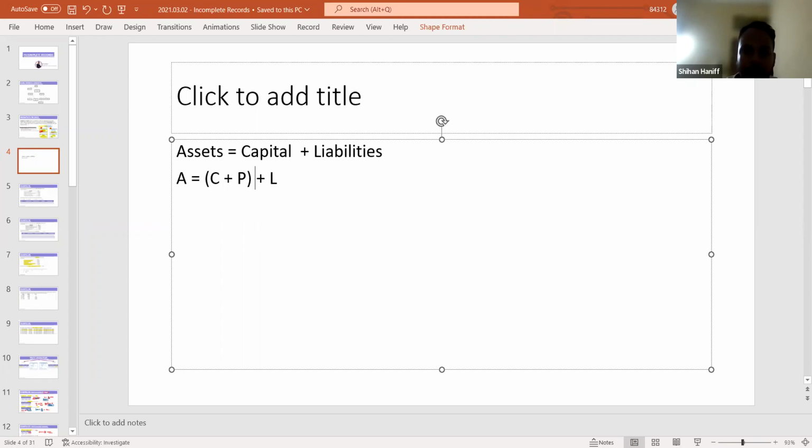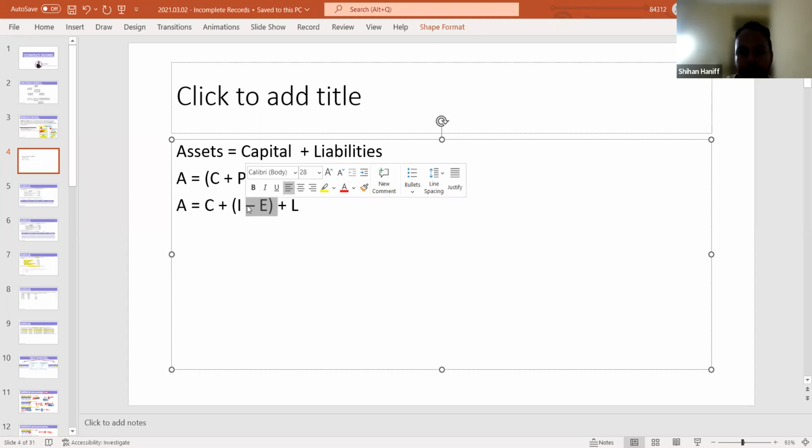Then how do you calculate profit? Profit equals income minus expenses. Then we can expand: assets equals capital plus income minus expenses plus liabilities, right?